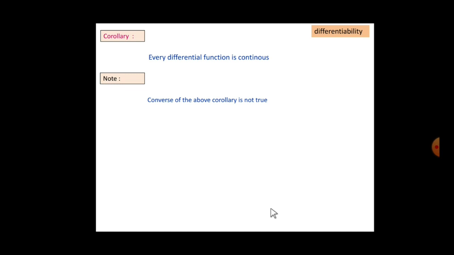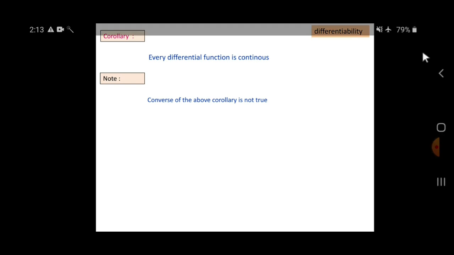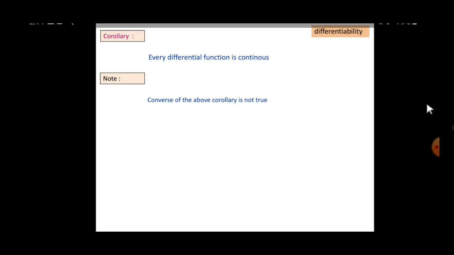Once again I am repeating, if the function is continuous at one point, or it may be at all points, we cannot say that it is differentiable at that point. It may be or it may not be. So the converse is not true. Let me show this converse using one example.